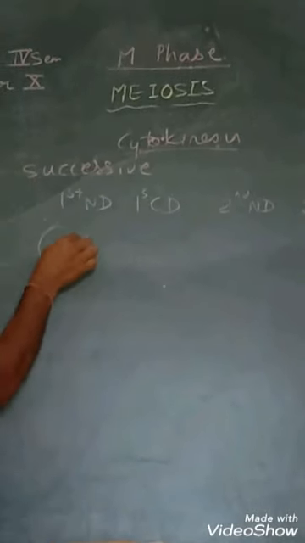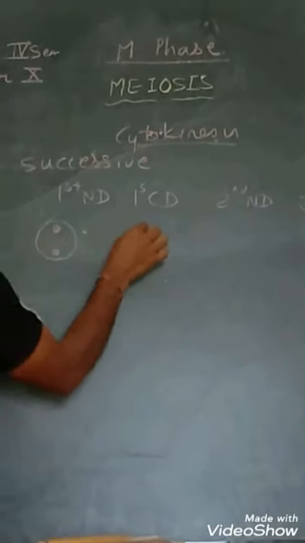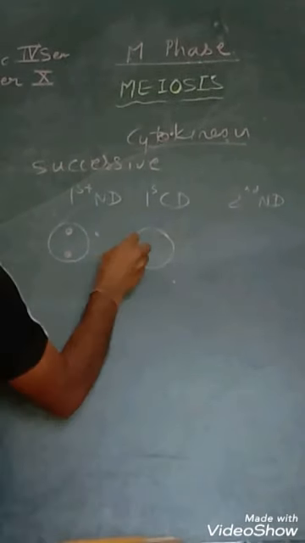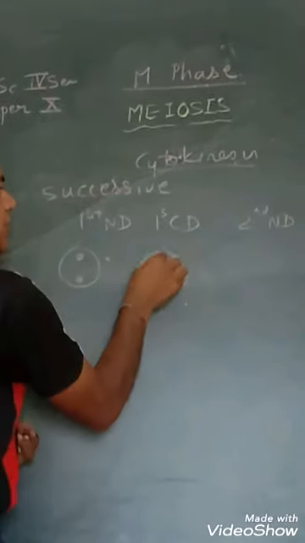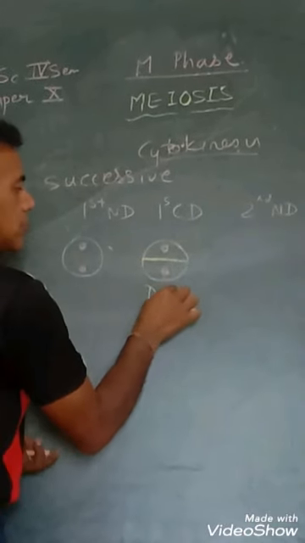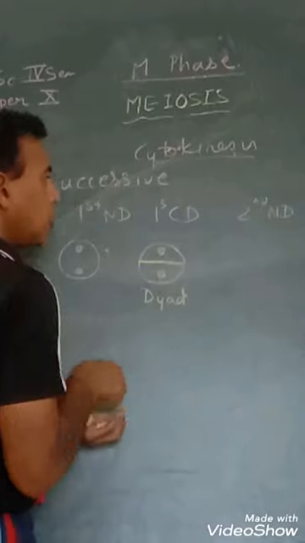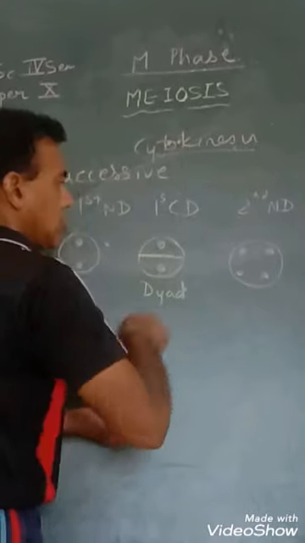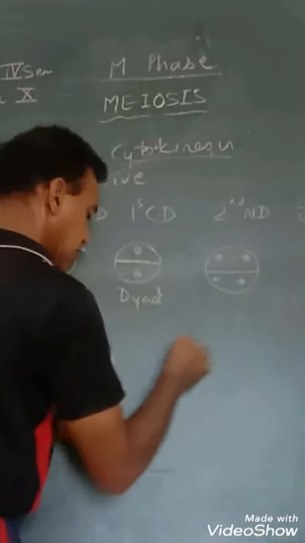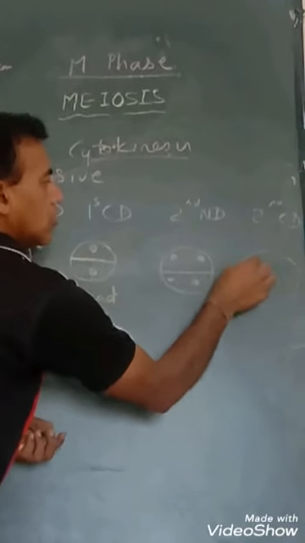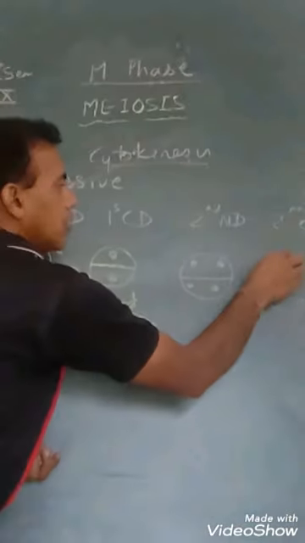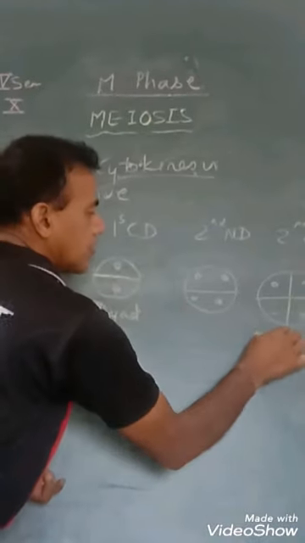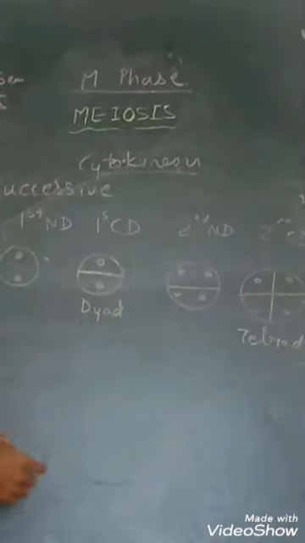It is found in monocots. First nuclear division followed by cell division, and we get a diad here. Now after second nuclear division, a second wall formation takes place and a tetrad is formed like this in isobilateral form.